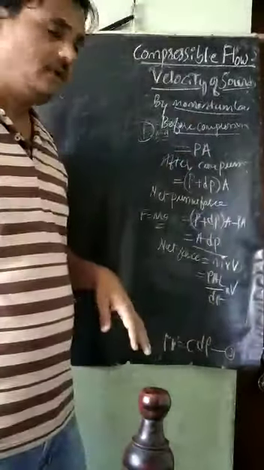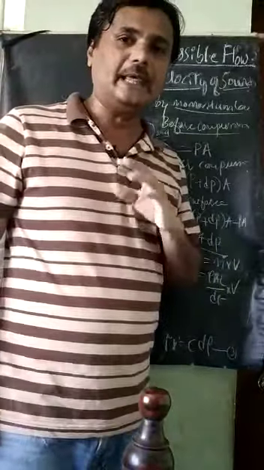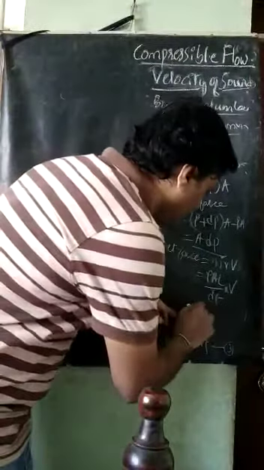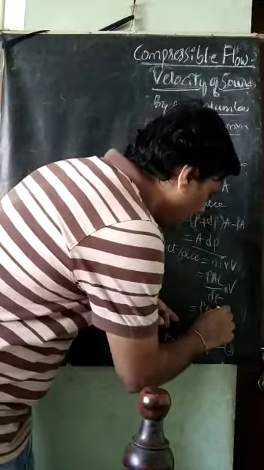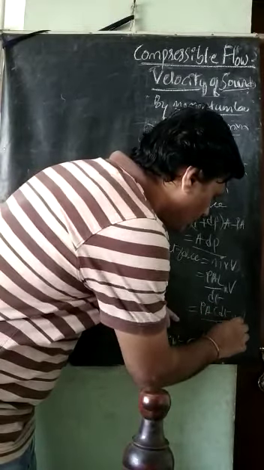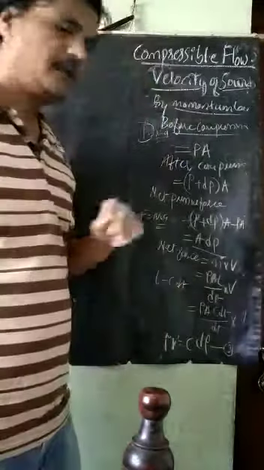As I know L is equal to C into dt, therefore rho A L is rho A C dt divided by dt, into v.